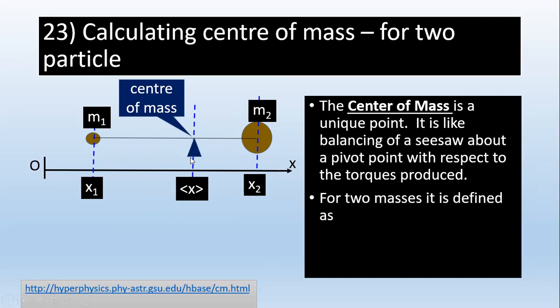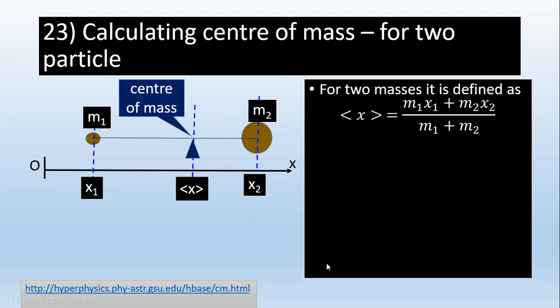For two masses, it is defined as m1 times the distance x1 plus m2 times the distance x2, divided by the total mass, which gives the center of mass.